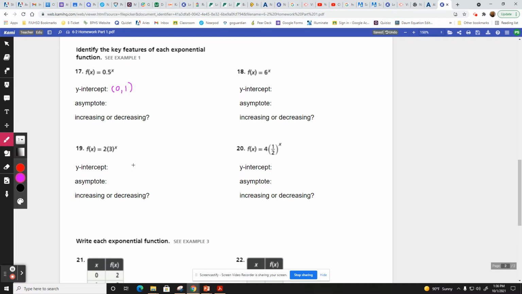The asymptote does not change: y equals 0. And this b value is between 0 and 1, less than 1, so it is going to be a decay, or decreasing.